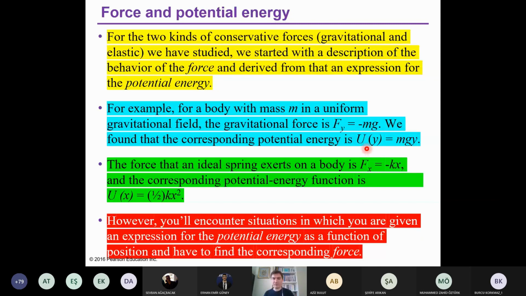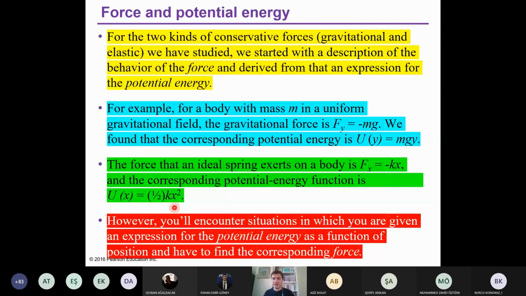So we have force, and then I can write potential energy like this. Remember the ideal spring, it also applies a force on a body, and the force applied by an ideal spring is given by minus kx, and the corresponding potential energy function is given by this one, 1/2 kx squared. So we have force, we have potential energy.